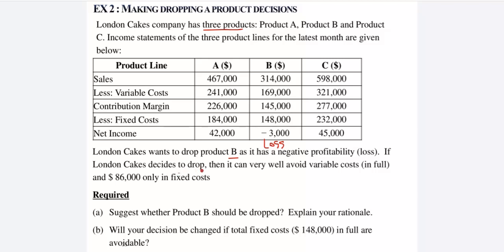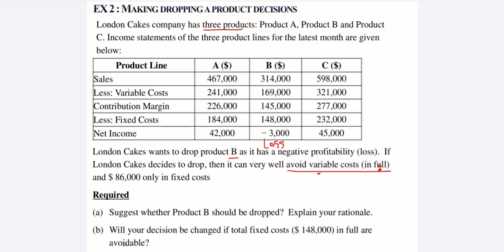the next information is the key to answer the question. Listen carefully. If London Cakes decides to drop product B, then it can very well avoid variable cost in full. What is the meaning of it can very well avoid variable cost in full? It means it can save variable cost.